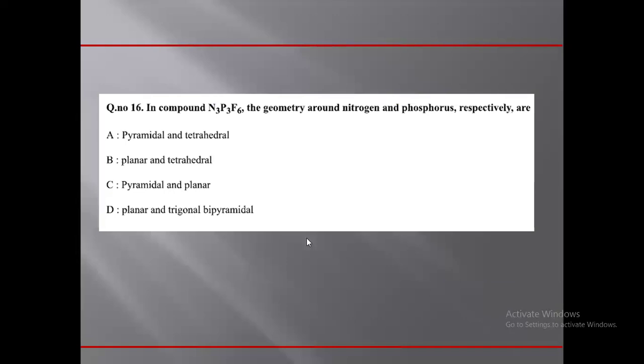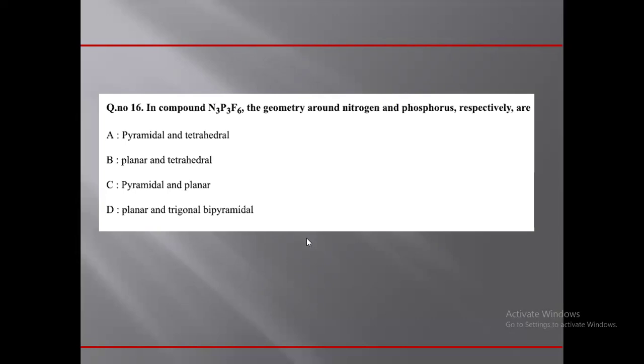Question number 16. In the compound N3P3F6, the geometry around nitrogen and phosphorus respectively are: A, pyramidal and tetrahedral; B, planar and tetrahedral; C, pyramidal and planar; D, planar and trigonal bipyramidal.